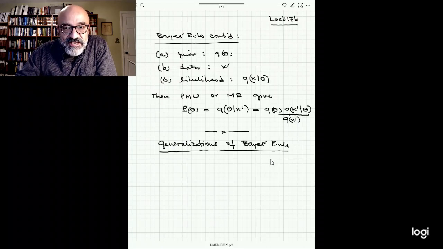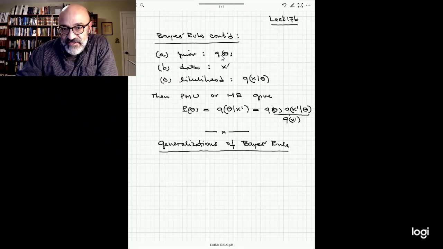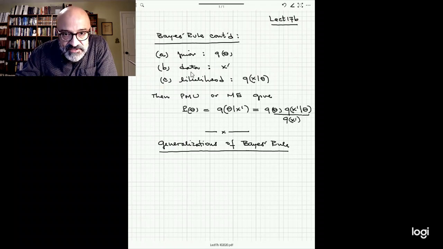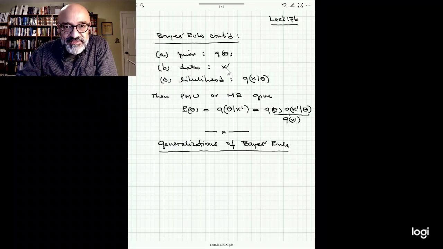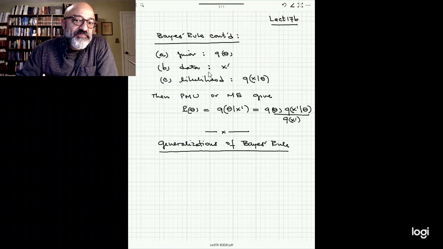So how do you generalize this? Well, there are many ways. For example, here we have a prior. You always need a prior, so we can't change that. But suppose that instead of having the information in the form of data x prime, a value for what the data is, you have this form of information supplied in other ways.